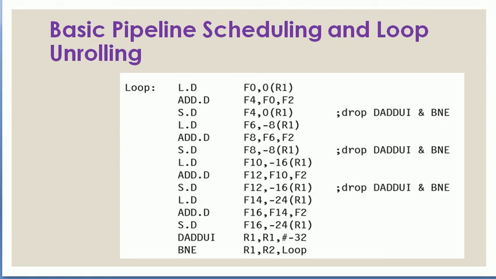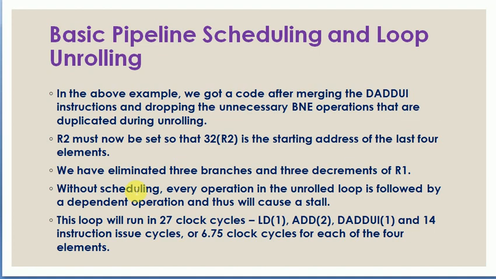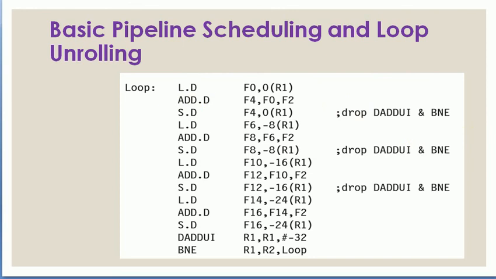Now you can see from the slide that this statement for a single loop will take a total of 27 clock cycles. For the load operation, there will be 1 clock cycle delay. So there will be 1 clock cycle delay here, and 1 clock cycle delay there.